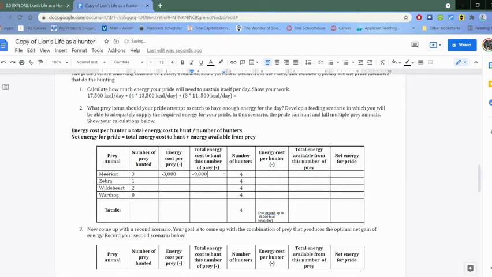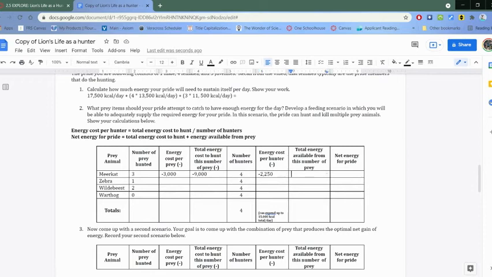I have 4 hunters here, so my energy cost per hunter for those 3 meerkats will be negative 9,000 divided by 4, and I get negative 2,250 kilocalories.